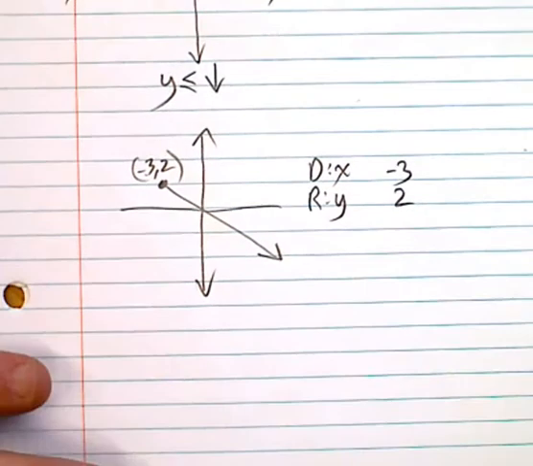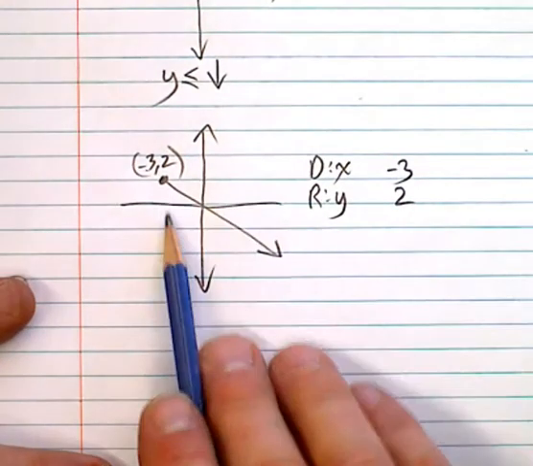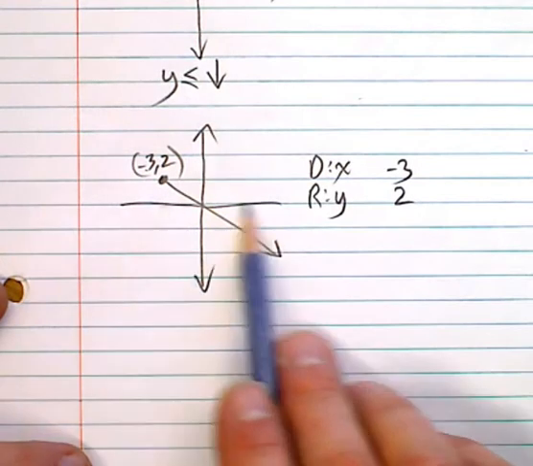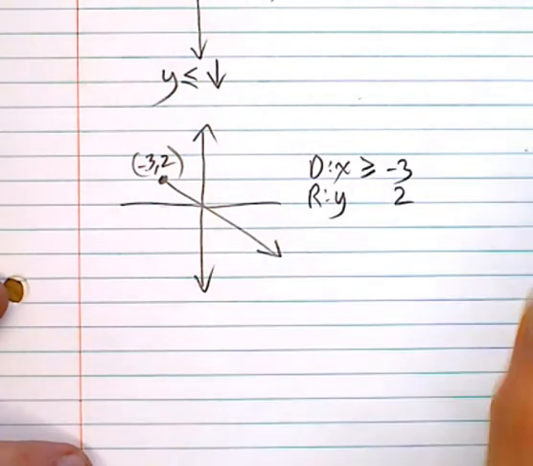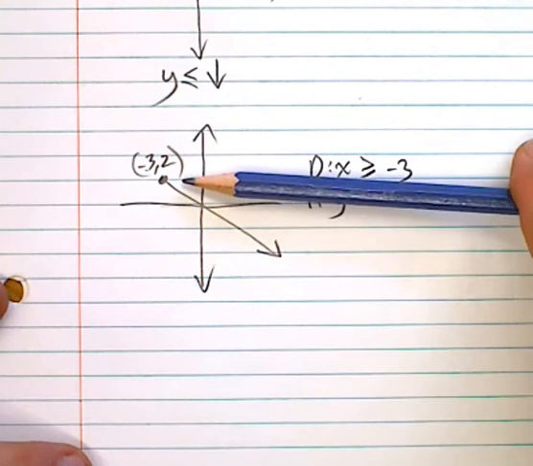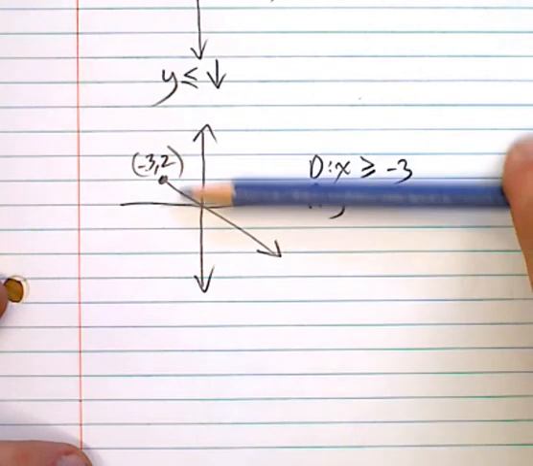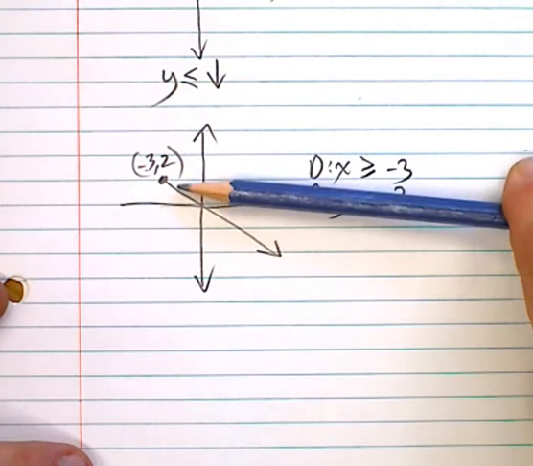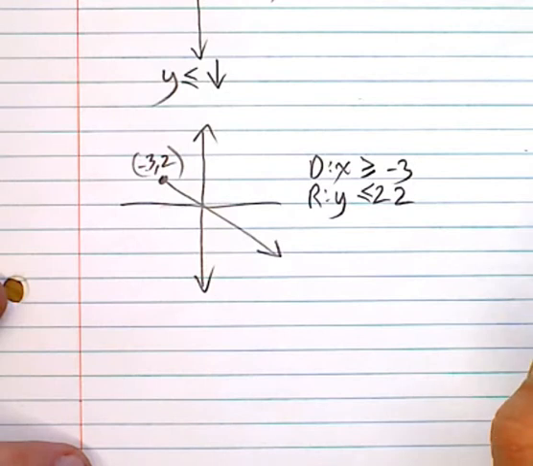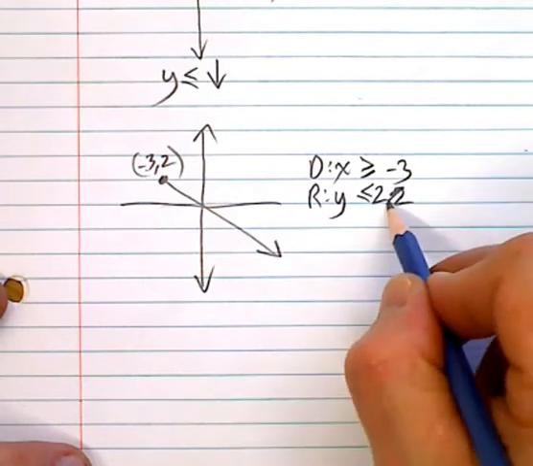So the x values, are they getting bigger or are they getting smaller? The x values are getting bigger, so it's greater than or equal to. Now we look at the y value. The y value is greater above and less than below. So in this case, it's below the 2, so it's less than or equal to 2. Oh, I already got the 2 there. I don't need it twice.